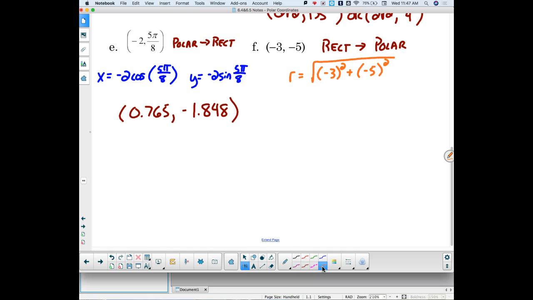So that's going to be 9 plus 25, which is the square root of 34. Can that radical be simplified? No, so we're going to keep it that. Theta prime here now, we're going to find the inverse tangent of what? 5 over 3.